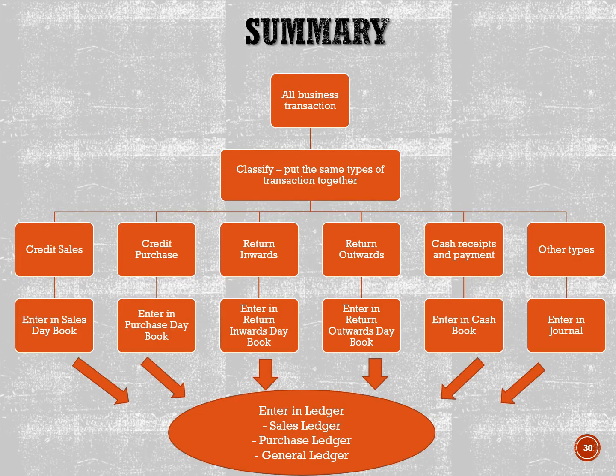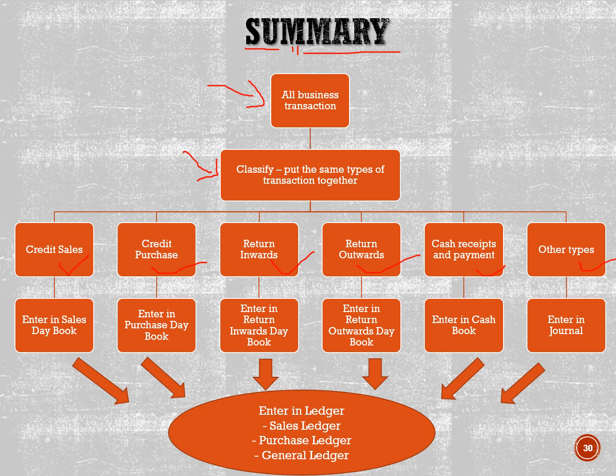Okay. So for the last slide, you will learn the summary of this chapter. So first we get a business transaction, and then we classify, which means we try to see whether it is in the sales journal, return outward, return inward, which we have learned in this chapter. So you have to remember we have sales, credit purchase, return inward, return outward, cash receipt and cash payment and other types.